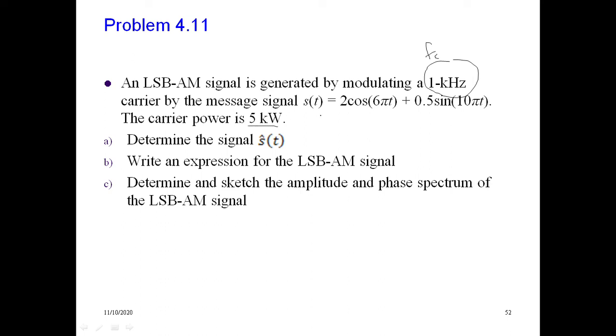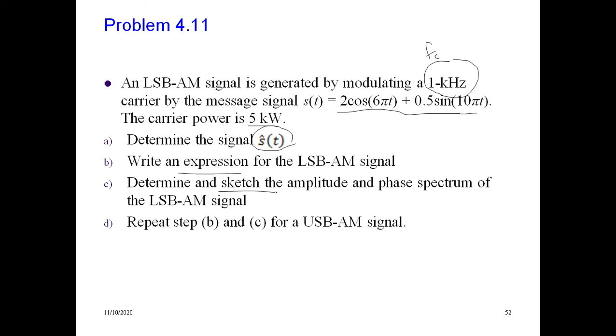The signal is 2 cos 6πt plus 0.5 sin 10πt. Now find the Hilbert of this signal, the original information signal. Then we have to find the expression for the modulated LSB signal, and then find the amplitude and phase spectrum. And then we can also do it for the upper sideband.